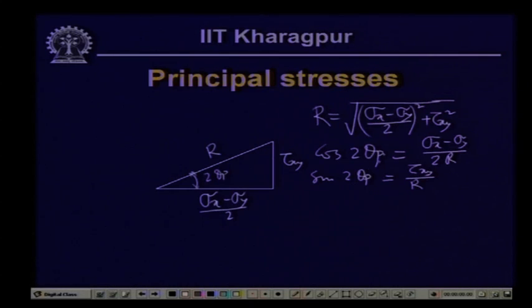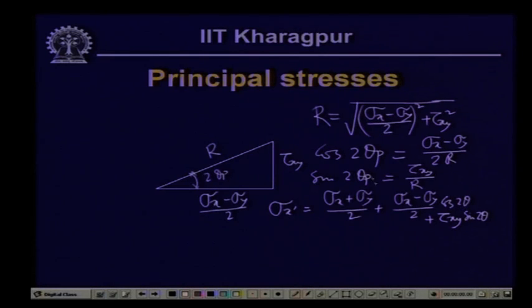If we substitute the values of cos 2 theta p and sin 2 theta p, the expression for the normal stress which we have evaluated, which is sigma x dash equal to sigma x plus sigma y by 2 plus sigma x minus sigma y by 2 cos 2 theta plus tau x y sin 2 theta. Now, if we substitute for cos 2 theta and sin 2 theta in terms of 2 theta p, we get the maximum stresses.